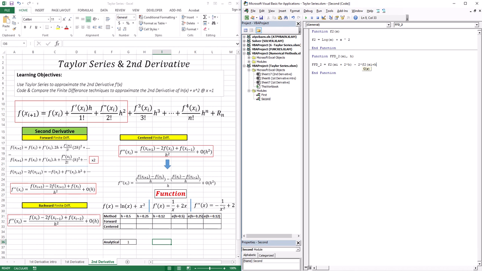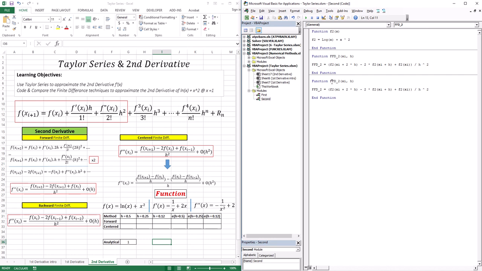So xi plus 1 is xi plus the step size, and then plus f2 at xi. Let me put this in parentheses, and I'm going to divide it by h squared. All right, perfect.